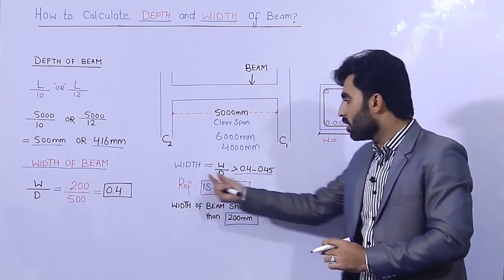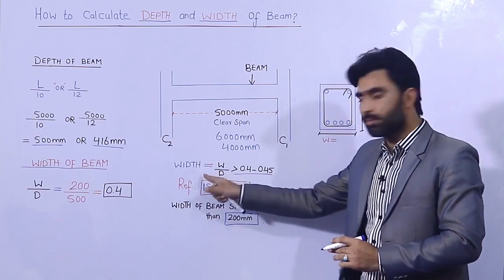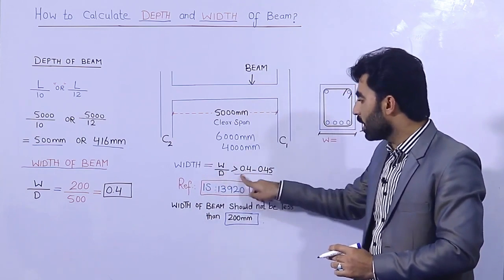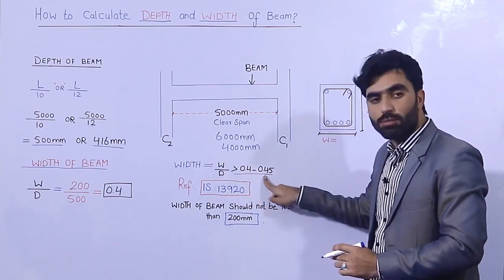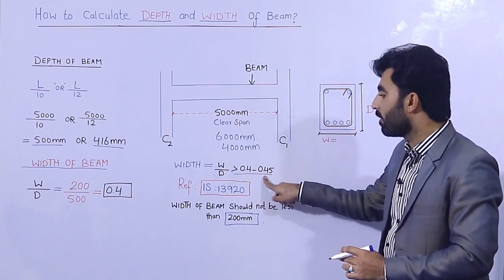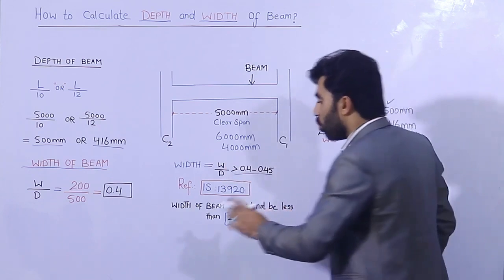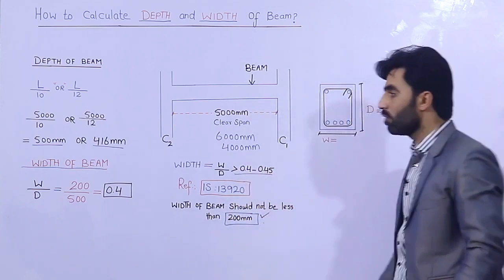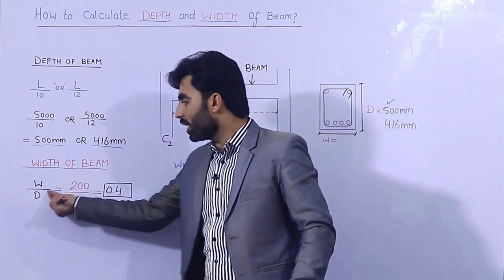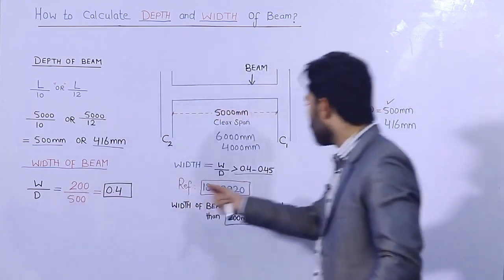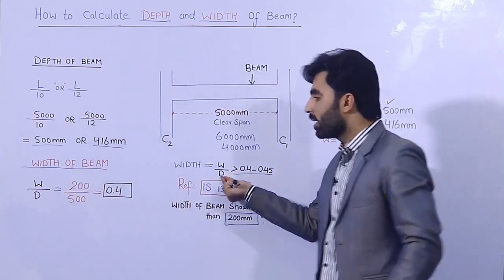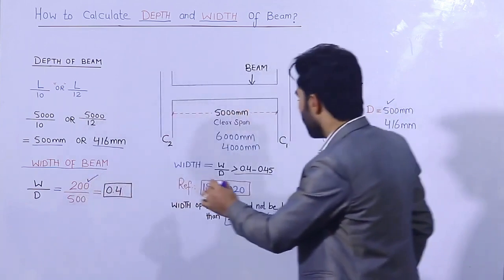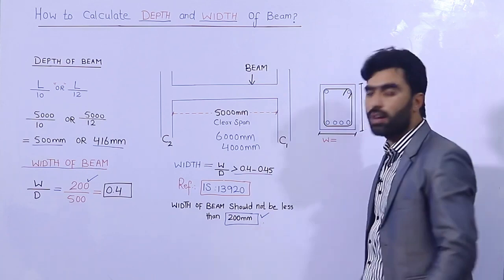You can find that the width of the beam divided by the depth should be from 0.4 to 0.45. Now guys, remember that the width of the beam should not be less than 200 mm. So width divided by depth, as you can see here, is the formula. Suppose I am taking the minimum width, which is 200 mm, from the reference of the IS code.